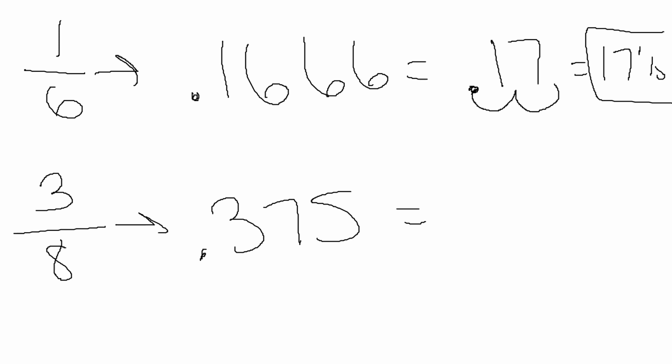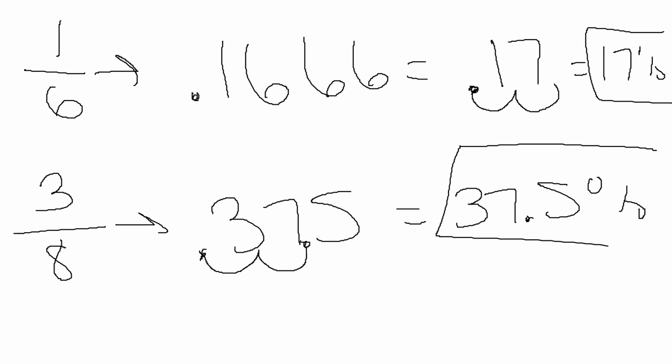When it goes on forever, you just need to round it. When it has an ending point, I'm going to move this 2 places, and it becomes 37.5%. So if it has an ending point, just go ahead and leave that as a decimal, 37.5%. If it goes on forever, round to 2 places.